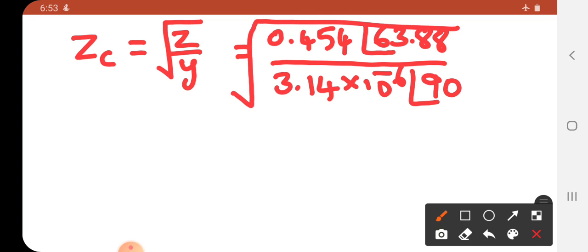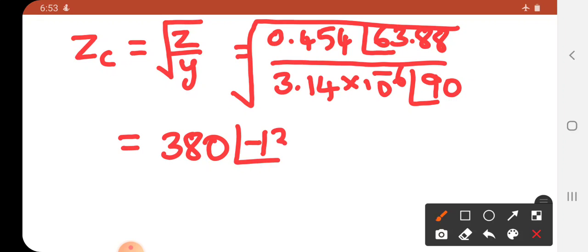This can be written as approximately 380 at an angle of minus 13.06 degrees.